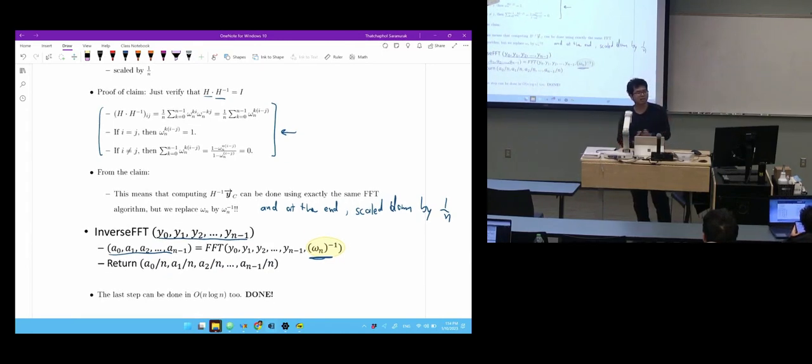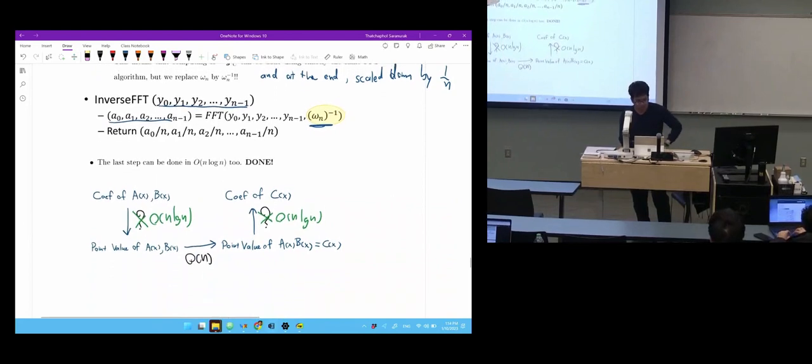It's the same algorithm with a changed parameter, and that takes n log n time as well. And that basically completes the last step, because it's the same running time here and here.